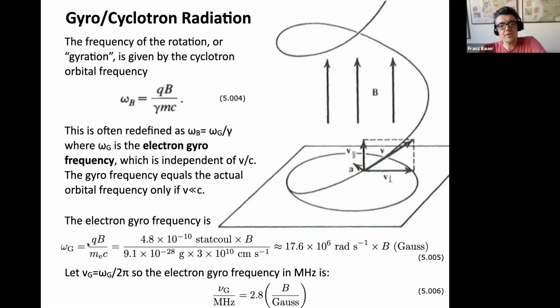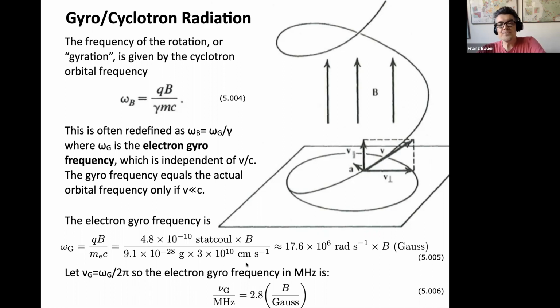If we calculate this out, this gyro frequency equals something like 17 or 18 times 10 to the 6 radians per second times the magnetic field. Typically we can write this also as a frequency just by converting by 2 pi. So we can estimate the gyro frequency in megahertz, and as a function of the magnetic field, it's roughly about 2.8 or 3 megahertz.